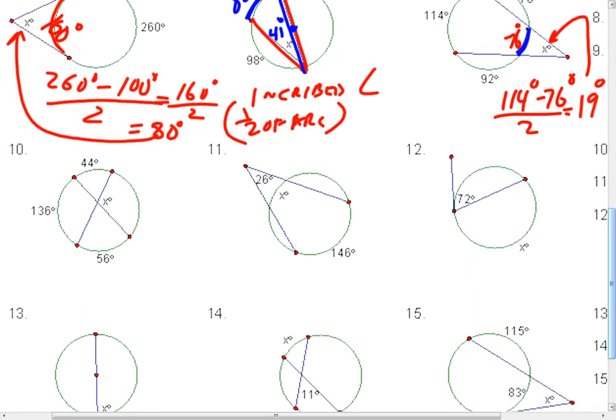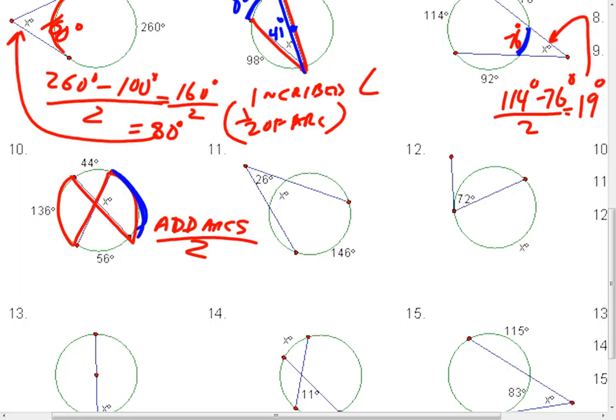If I want to use add arcs, divide by 2 for this, then I have to think about this bow tie or this hourglass. So I need this if I'm going to do it directly.